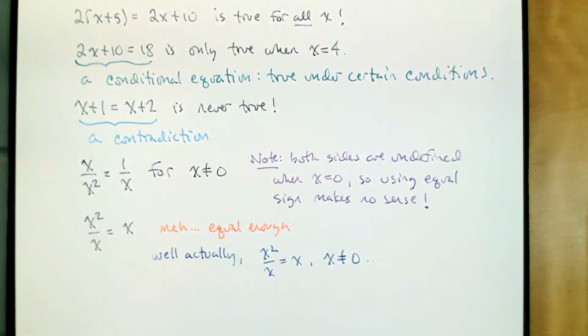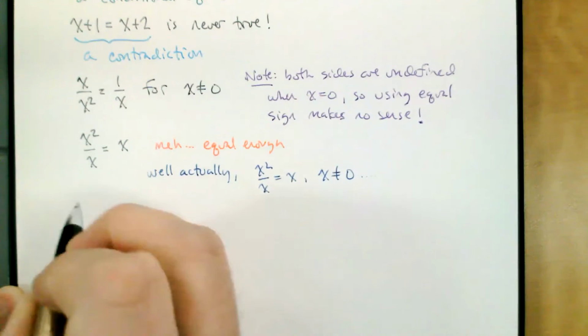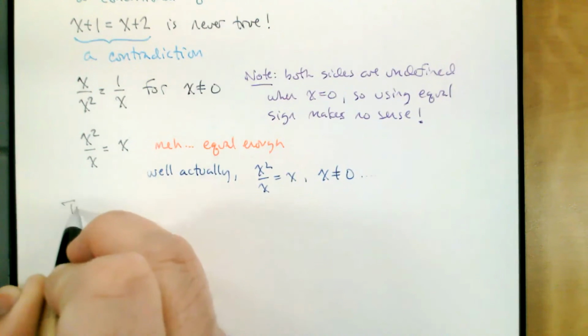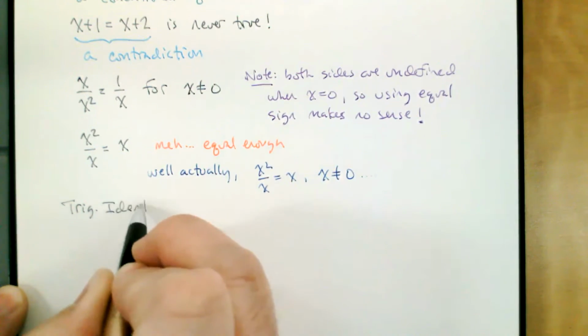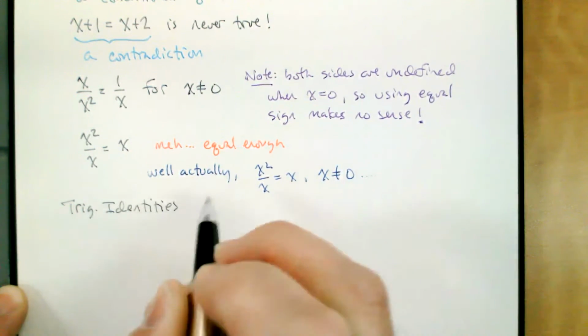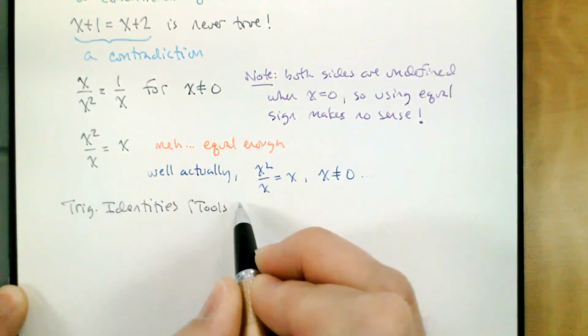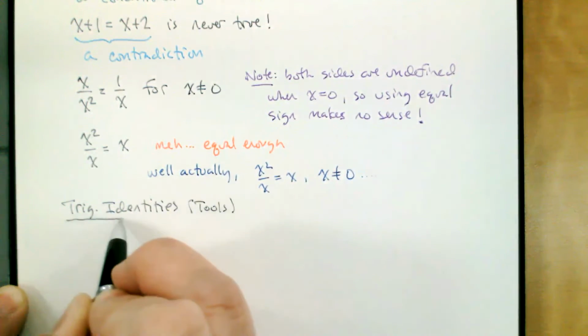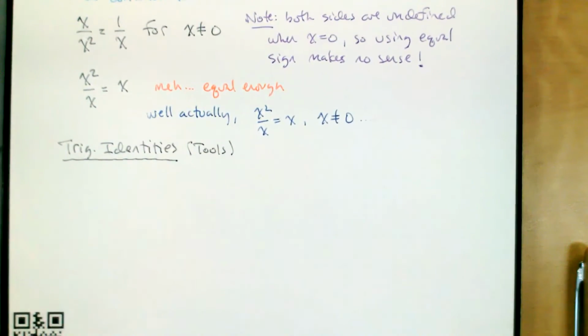Here are some trig identities you need to recognize on sight. These are going to be the tools that we have in our toolbox for simplifying expressions involving trig functions or for proving trig identities because we want to have an algebra workout.